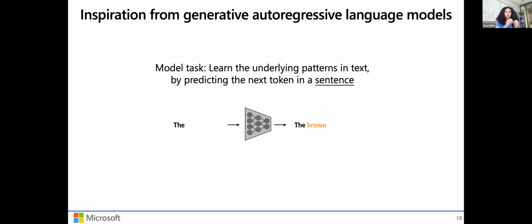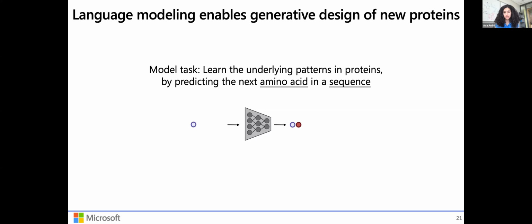So what that means is, given an input token, for example, the model predicts the next word, and we feed this in autoregressively to grow the input and sequentially predict the next word. Now, as you probably very well know, this has translated to immense promise in the realm of protein design and protein generation, where recent protein language models have taken this principle to achieve the generative design of new proteins by learning over amino acid sequence space.